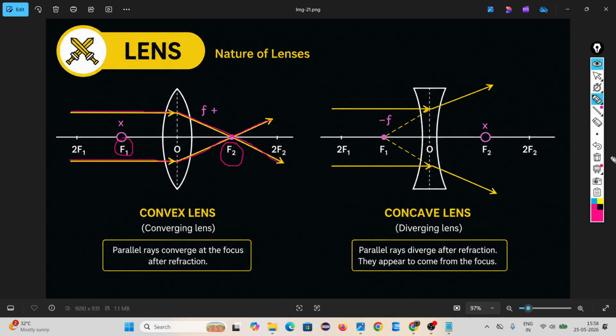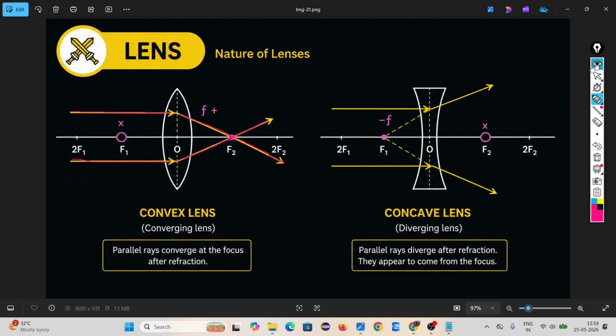So in a convex lens, if two lines parallel to the principal axis come, after incidence the refracted rays meet each other at F2.